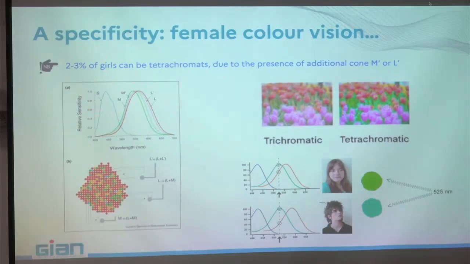And that means if they have a second cone nearby the maximum of the eye response, they can see the color better than us. And you see this assimilation between a trichromatic view and a quadrichromatic view. Okay? Ladies can see the color best.